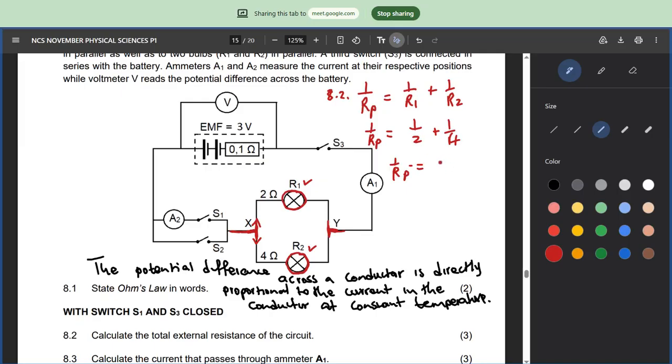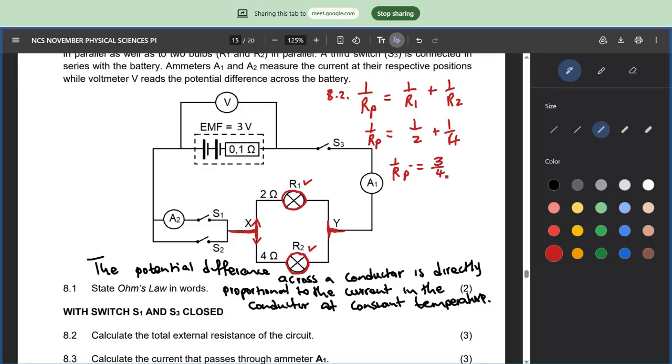What do you get when you add those two fractions? Johan, yes. I get 0.75. I need it in fraction. Oh, 3 over 4. I'll explain why.